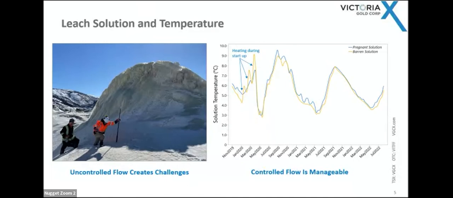And it's very interesting that you can see the seasonal swings that we get right here. And then notice there's only 3 points on this whole graph where we've actually heated the solution. So this was when the heap was very small and in startup mode, and there was some worry about maybe freezing up. And so they turned the heaters on.